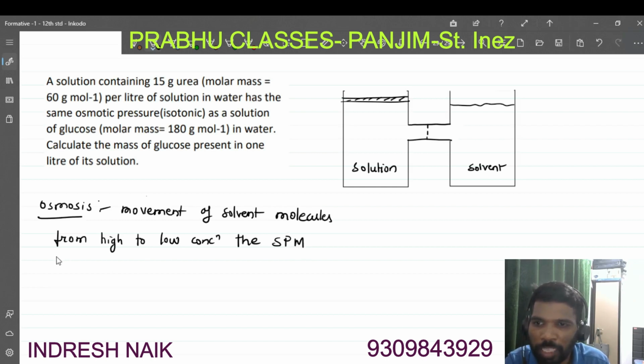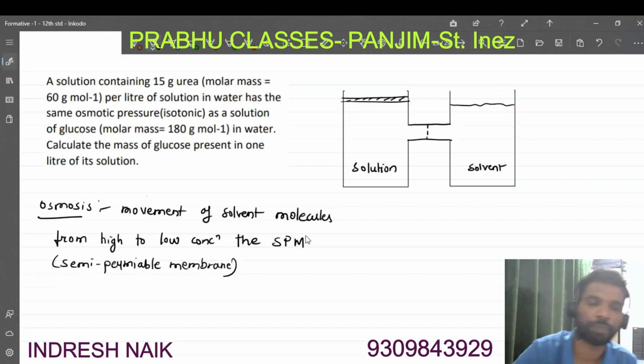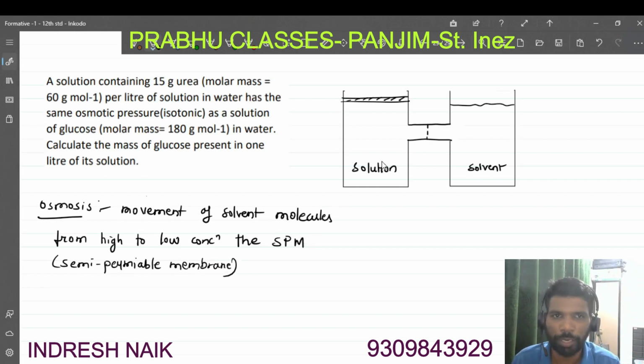This SPM, semi-permeable membrane, is also called SPM. Right. Let's understand this definition: movement of the solvent molecules from a high concentration to the low concentration.